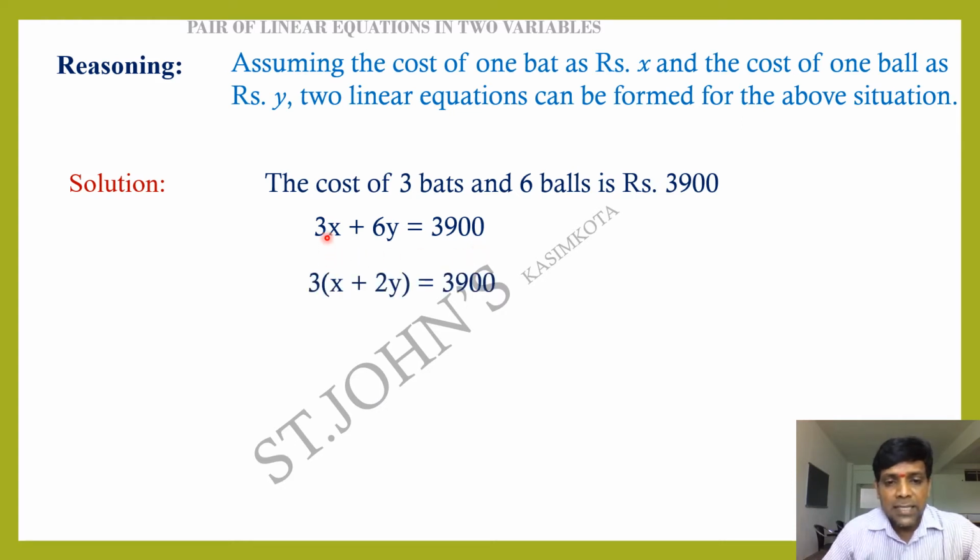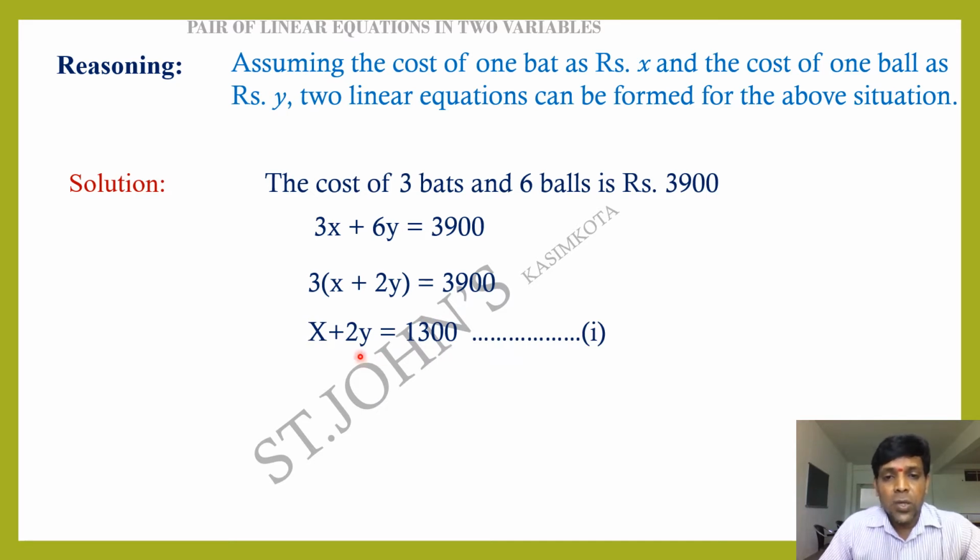This is written as 3(x + 2y) = 3,900. Clear? Now x + 2y equals 3,900 by 3, since multiplication moves to the opposite side as division, which gives 1,300. So x + 2y = 1,300. This is the first equation.